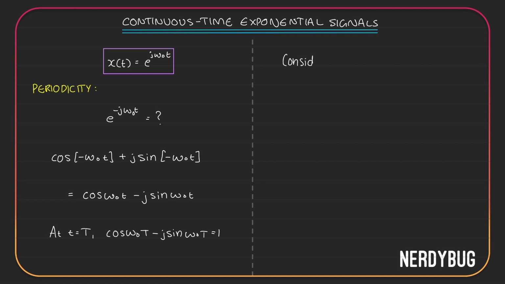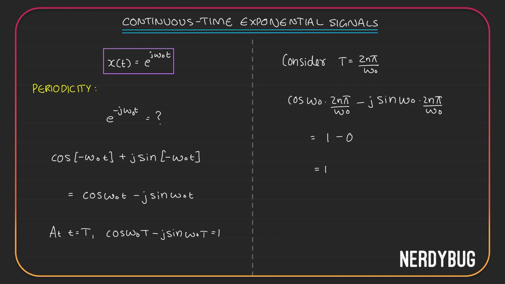Let us consider the same t, that is 2n pi by omega naught, ignoring the negative sign. We will have cos of omega naught times 2n pi by omega naught, minus j sine of omega naught times 2n pi by omega naught. The first term will be cos 2n pi, cancelling omega naughts, which is 1, minus j sine 2n pi, cancelling the omega naughts, we get 0.